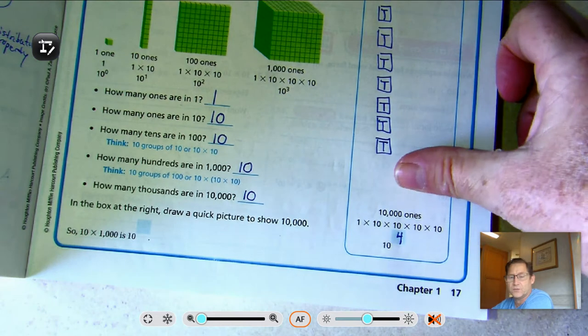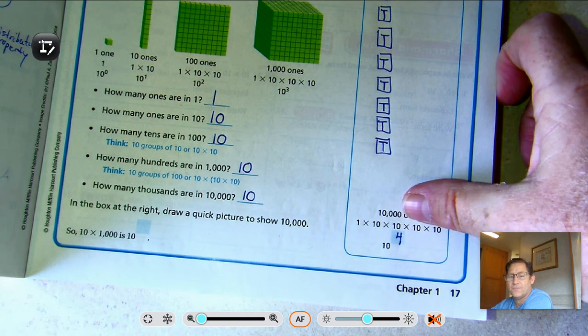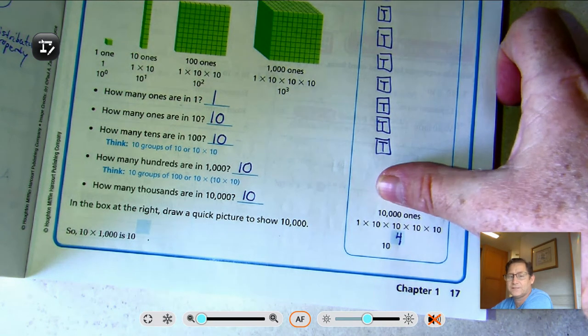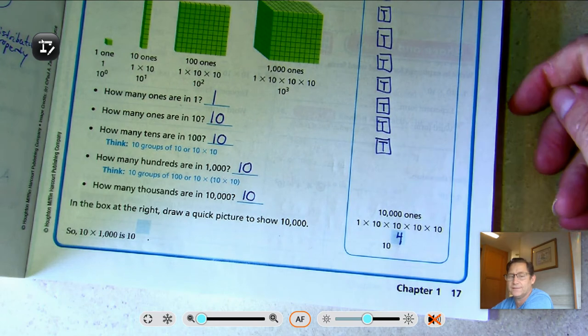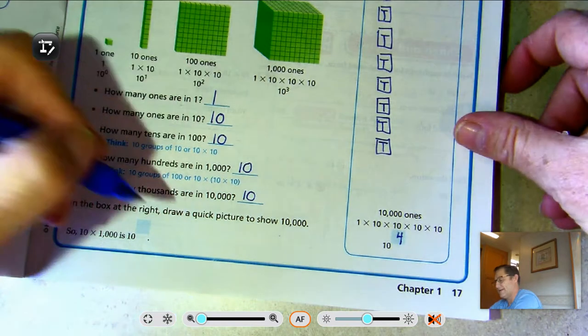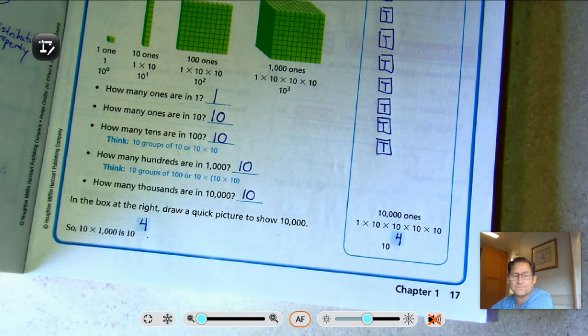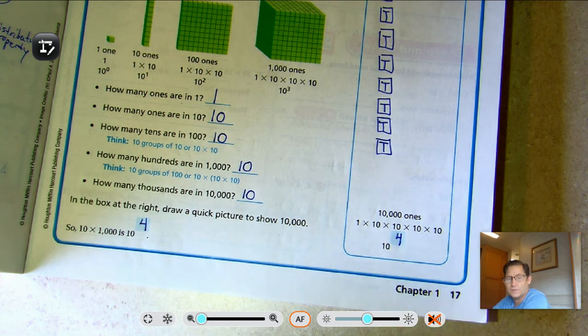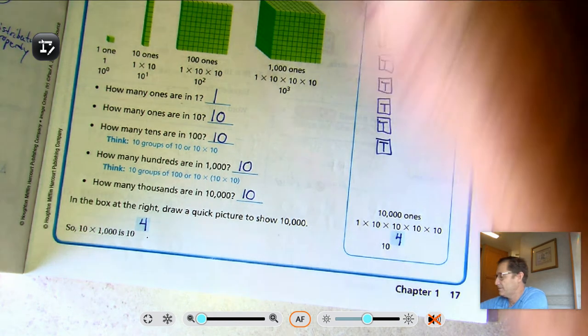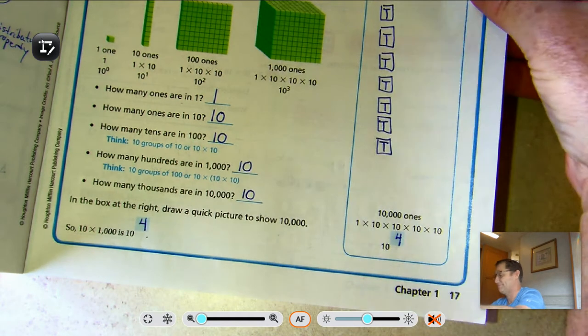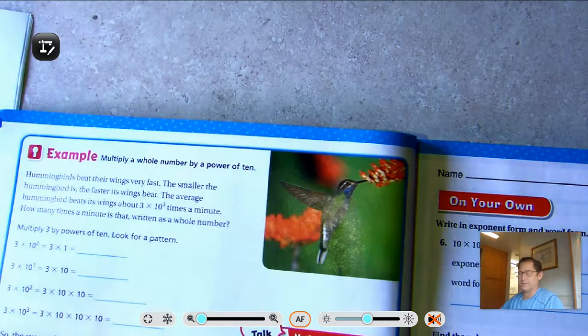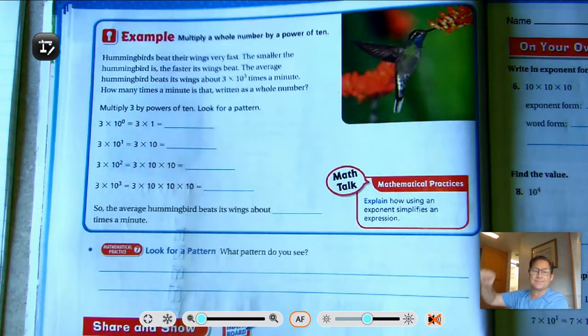And we'll start to notice a pattern that 10 to the 4th tells me that there are 4 zeros after the 1. So 10 times 1,000 is 10 to the 4th. Because 1,000 is 10 to the 3rd, and one more 10 is 10 to the 4th, or the 4th power of 10. All right, so let's look at some more on page 18.